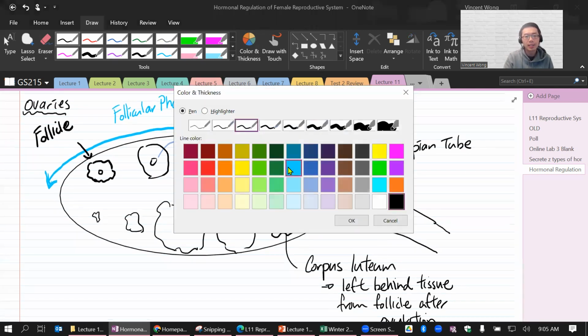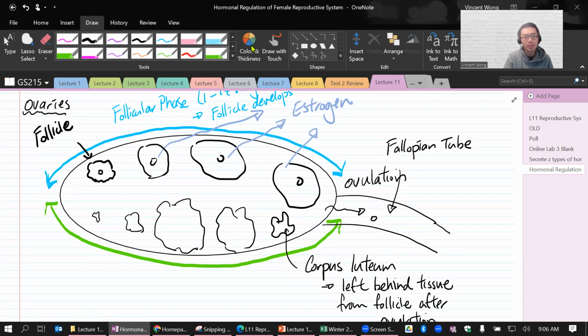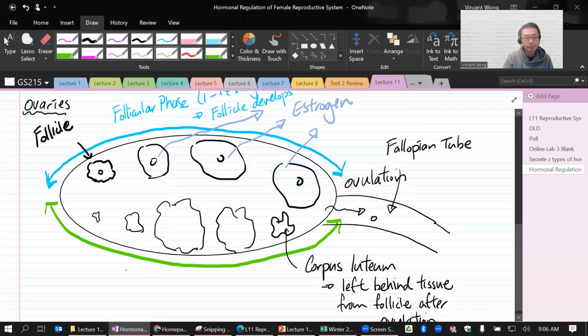So this is going to be called the luteal phase because it's dominated by the presence of the corpus luteum.